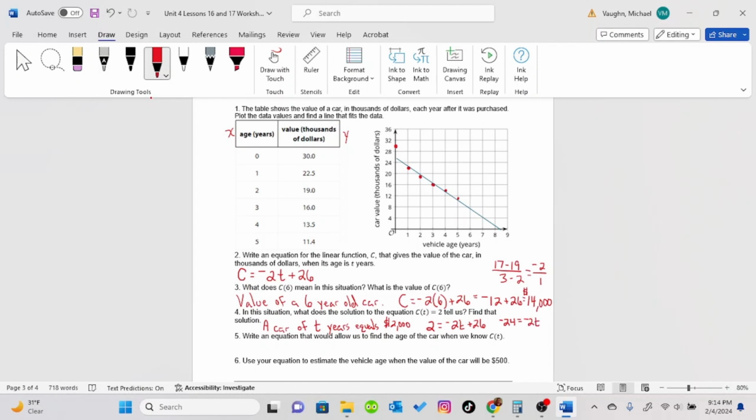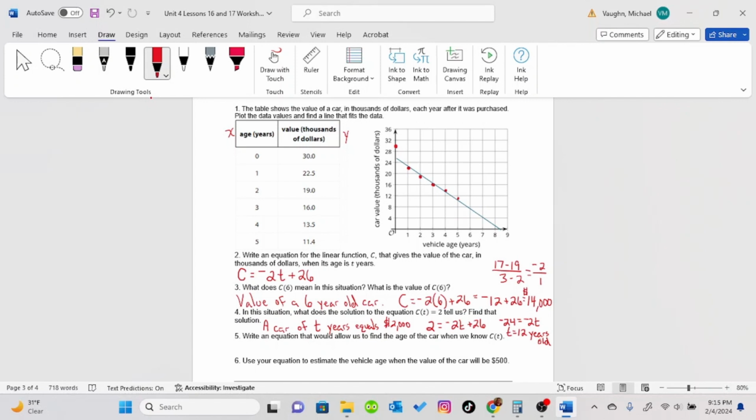And to get t by itself, we're going to divide both sides by negative 2. Negative 24 divided by negative 2 equals 12. So t equals 12 years old.